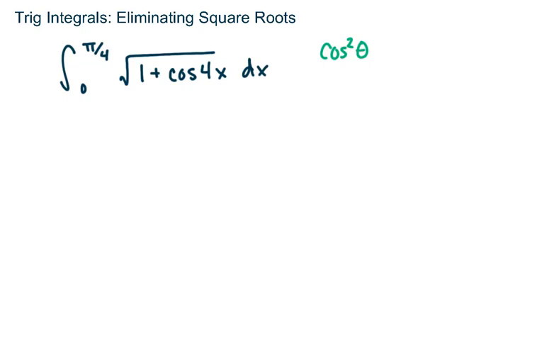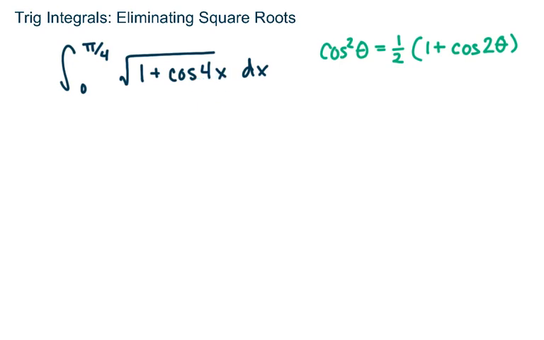Cosine squared theta equals 1/2 times 1 plus cosine of 2 theta. And if I look at this double angle, I will see it looks really similar to what I have over here. I've got 1 plus cosine of some doubled value. 2x doubled is 4x.